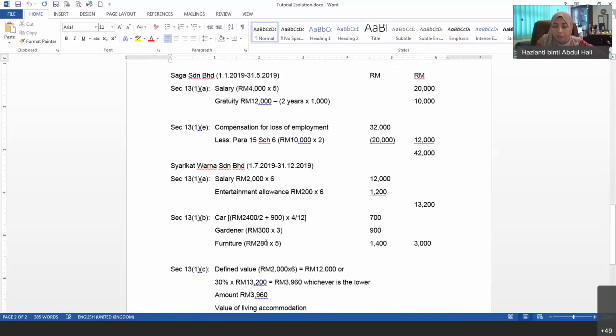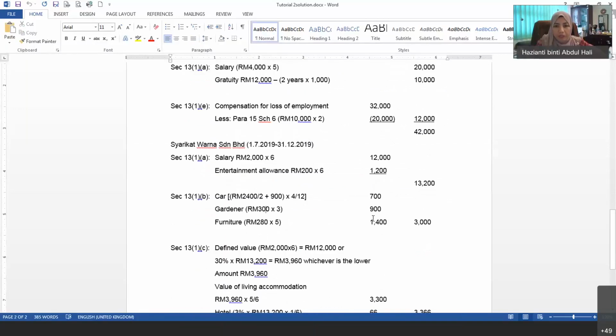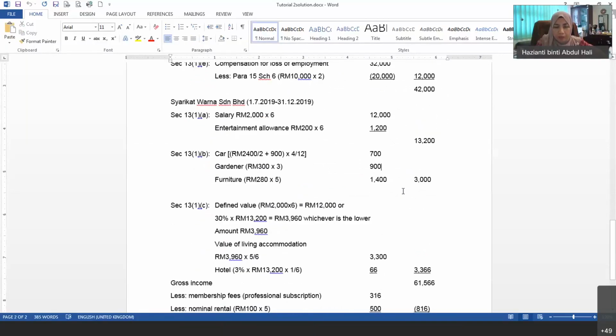So the furniture is 3,360 for fully furnished, but you have to take the monthly amount. Same with the gardener, 7,200 per year, you have to take the 4,800 per year. So you have to take the monthly figure. So furniture, and this is your section 31B.